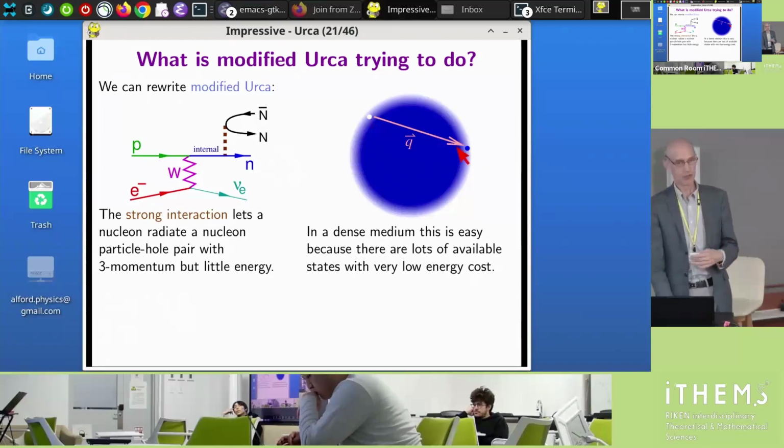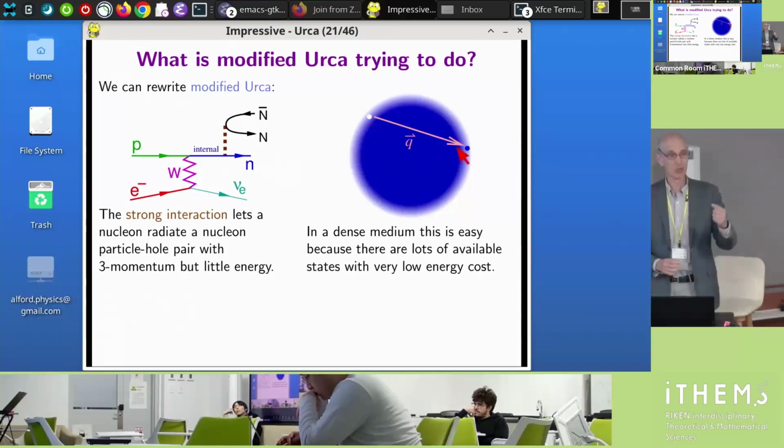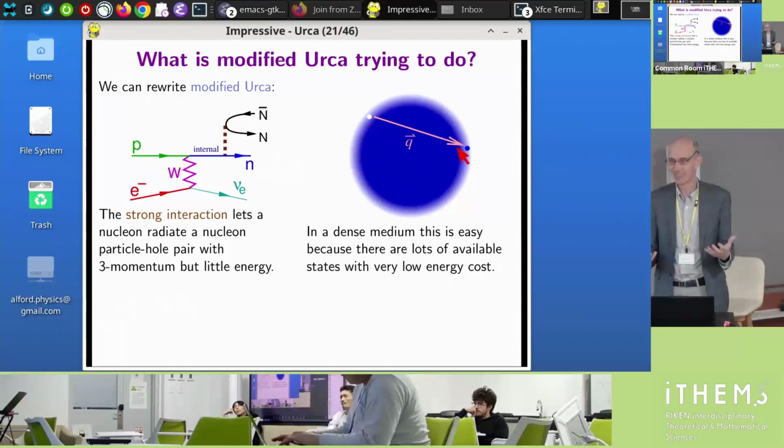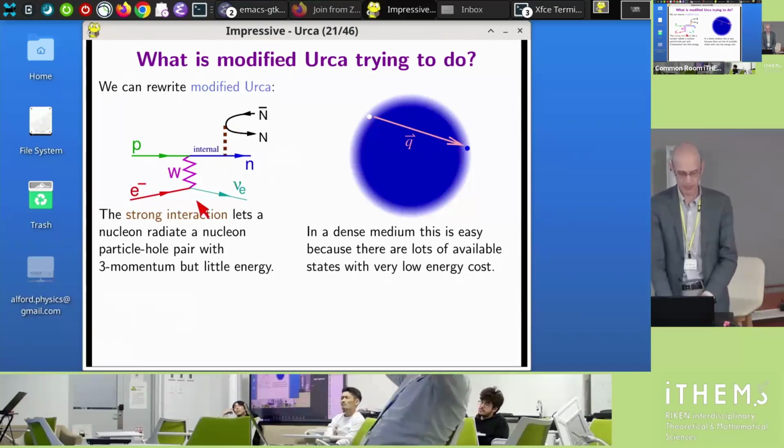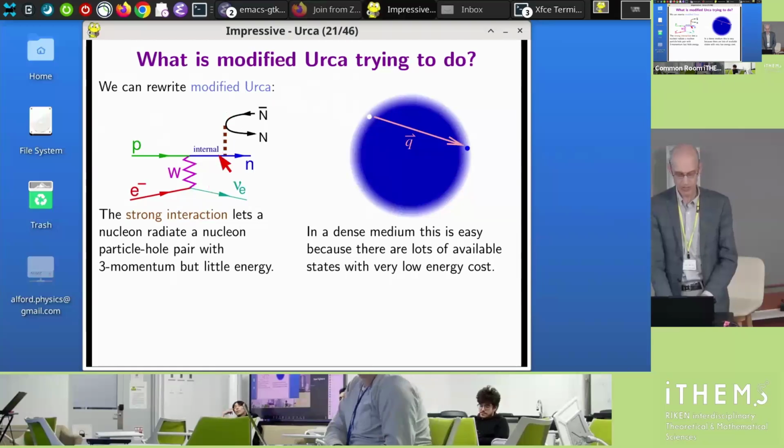Creating a particle-hole pair is the same as moving a particle from one place to another, right? They're just different words for the same thing. So this is still the same process, but it gives us a different way of thinking about what this process means. So what does this mean? If you created a neutron, and then through a strong interaction, it can be a neutron, but also spit out a particle-antiparticle or particle-hole pair.